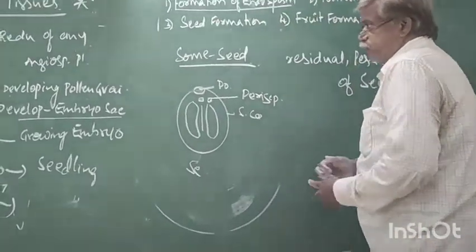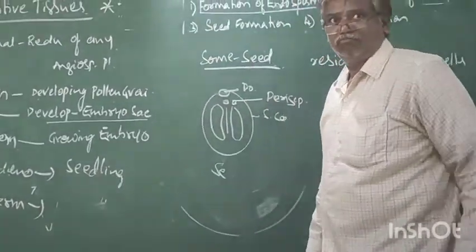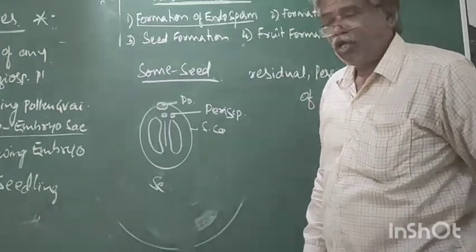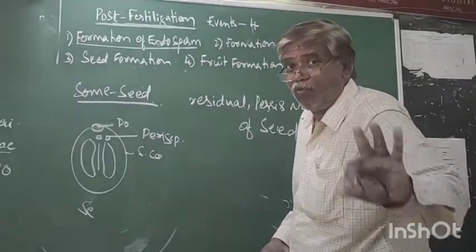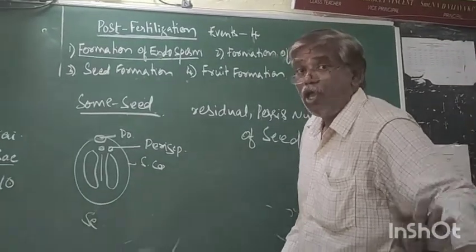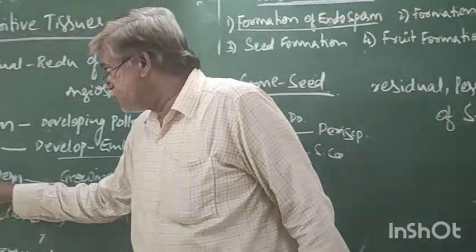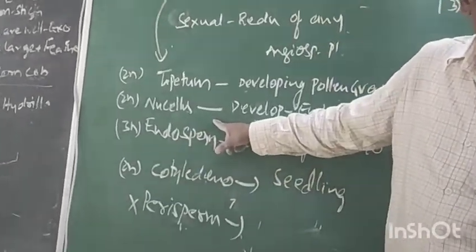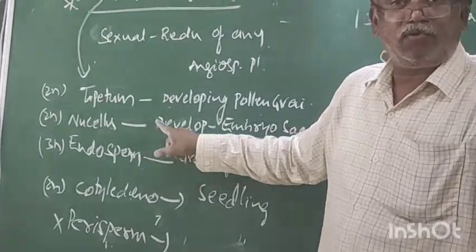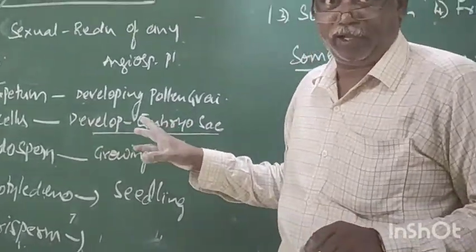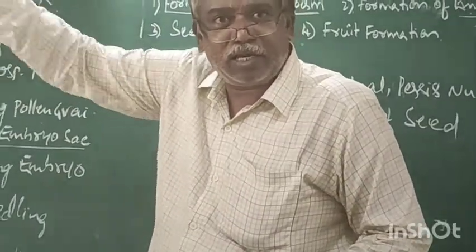See, this word perisperm is exceptional but not common. Now, generally the seed never contains nucellus. Generally nucellus is present in the ovule and acts as food for the developing embryo sac. After that it will be consumed, degenerated.